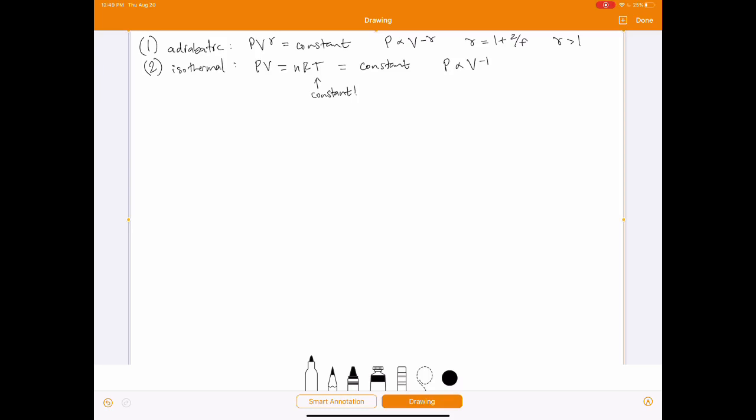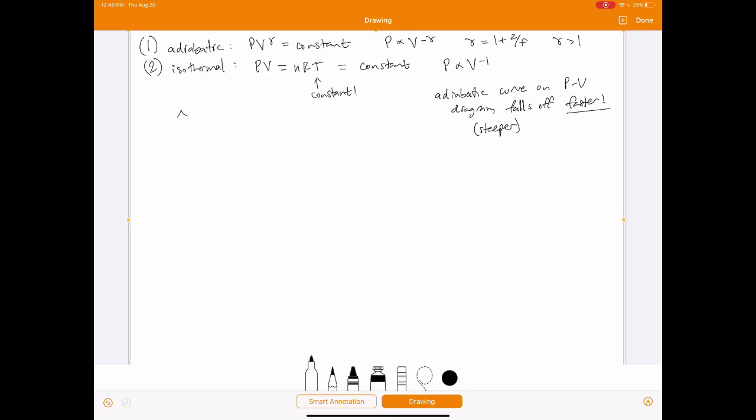Okay. The point of all of that is to say the adiabatic curve on the PV diagram falls off faster. It's steeper, in other words, because the isothermal curve is V to the minus 1, and the adiabatic curve is V to the minus some power that's bigger than 1. That means it falls off faster.